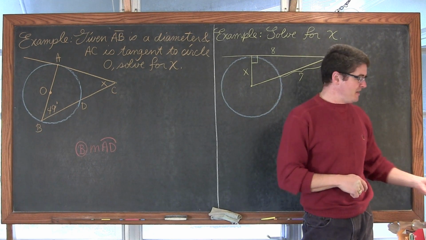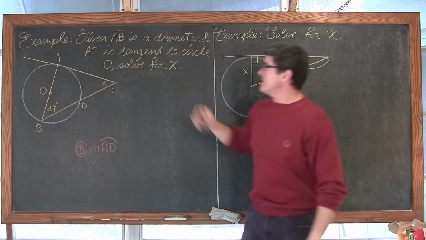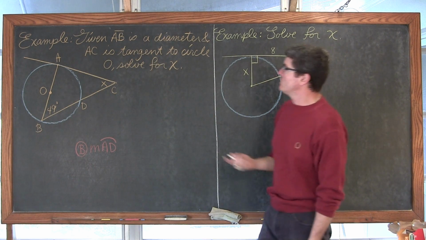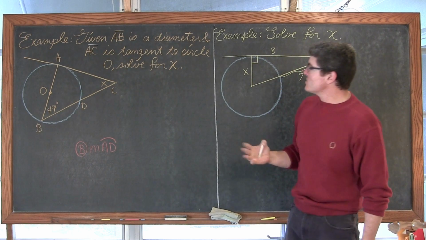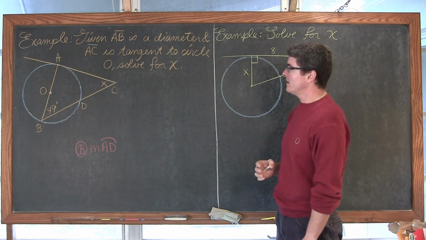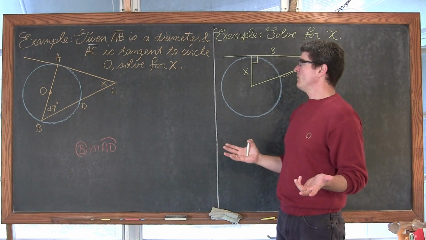Given that segment AB is the diameter of circle O, and AC is tangent to, I guess I need to put a segment here, tangent to circle O, solve for x. Okay, so, well, let's see.